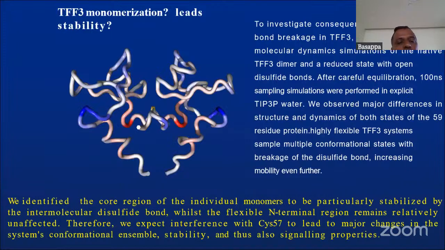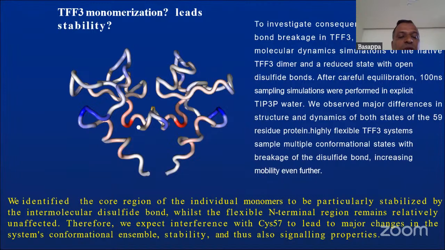Coming to the work where we took interest computationally: trefoil factor 3 monomerization, which leads to loss of stability, was proved from our side with the Cambridge lab, especially with Professor Andreas Bender's help. If we consider the dimer structure of trefoil factor 3, to understand its structural integrity, the S-S bond gives a dimeric form which has a flexible region.